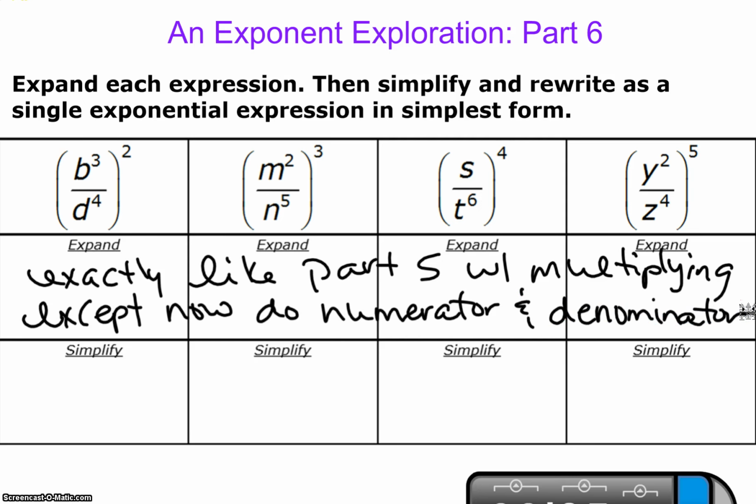So our answer for the first example would be b to the 6th over d to the 8th, and that's your answer.